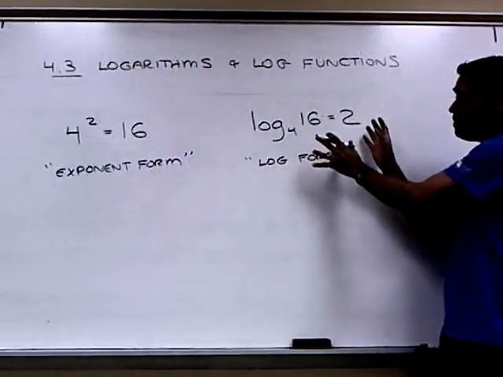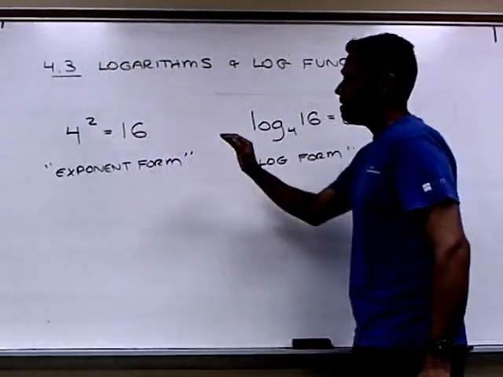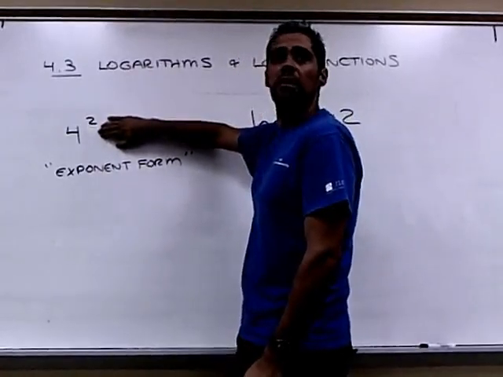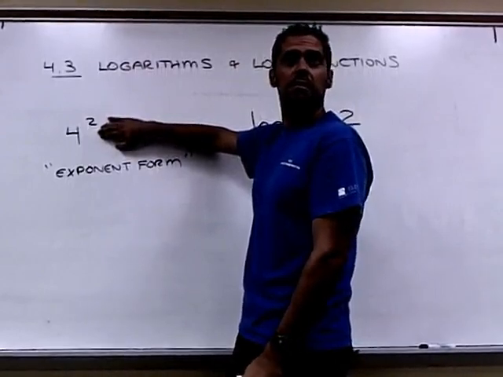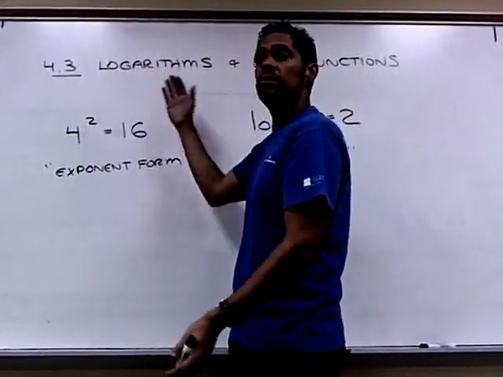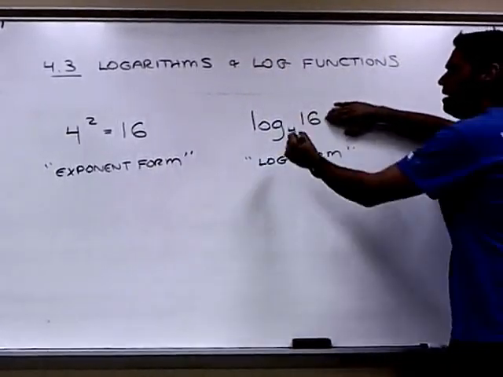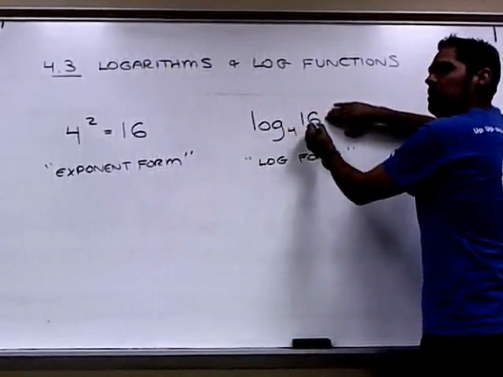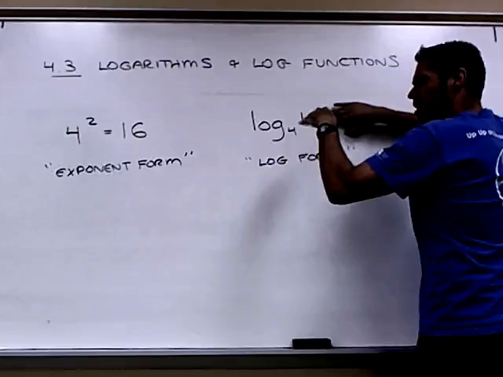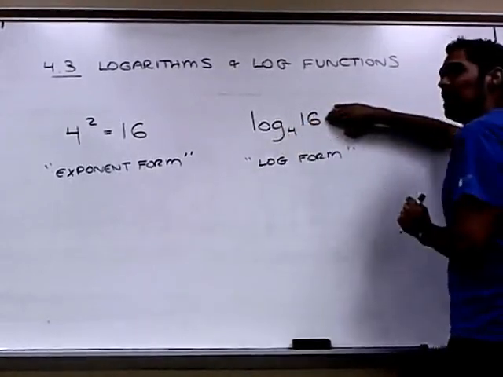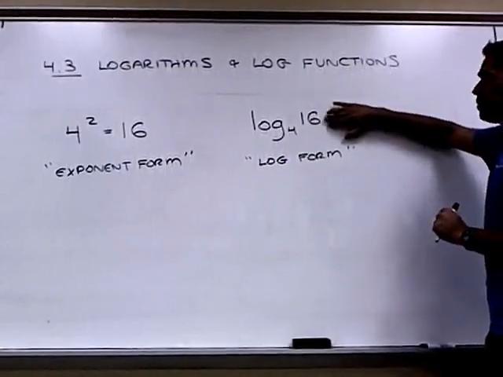To get you to see how this equation works, let me go back to this. If I cover up the 16, if you say 4 squared, everyone here can just tell me what it is, right? 4 squared means 4 times 4, which is 16. But if I come over here and I say log of 16 base 4, we know the answer is supposed to be 2.